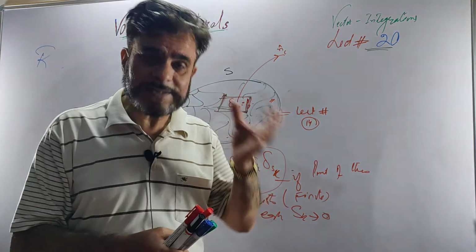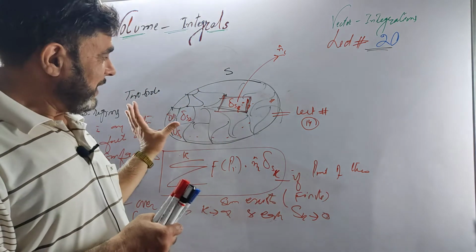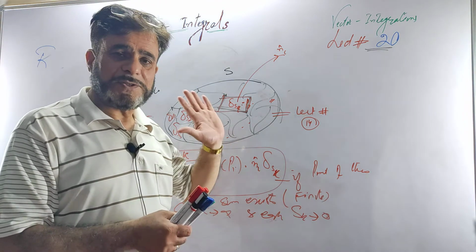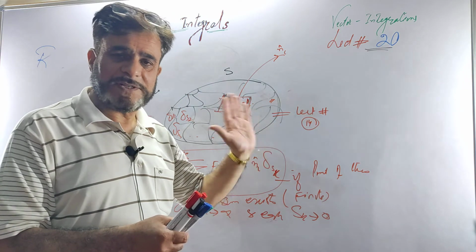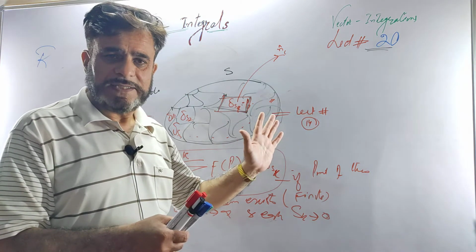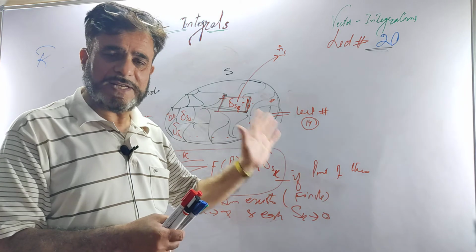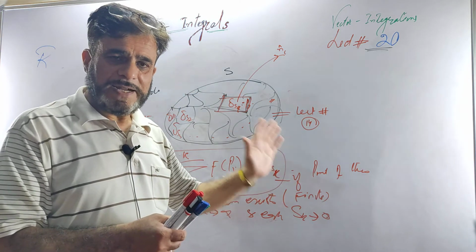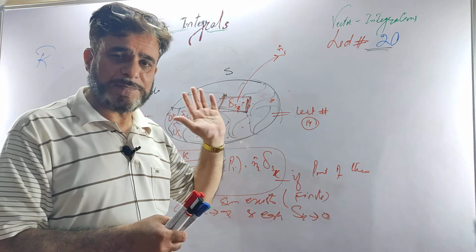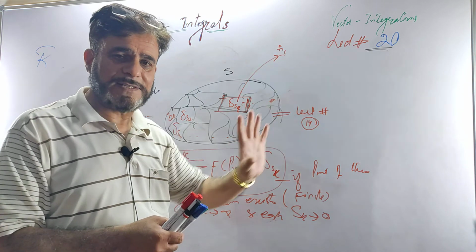Now how do we define this? In the case of the line integral, we took a finite number of subdivisions of the curve, then let the subdivisions tend to infinity, and if the limit of that summation exists, it gives the line integral.